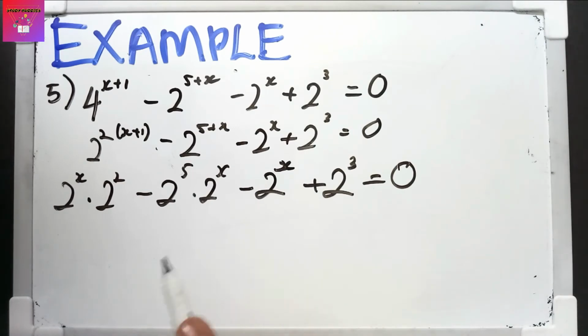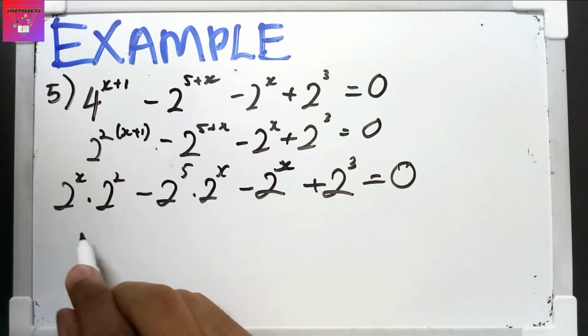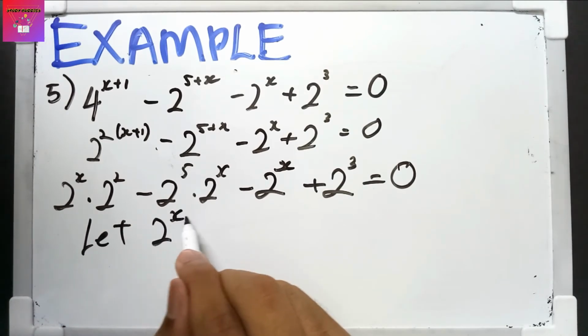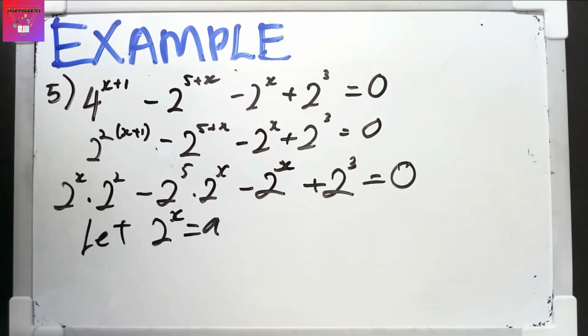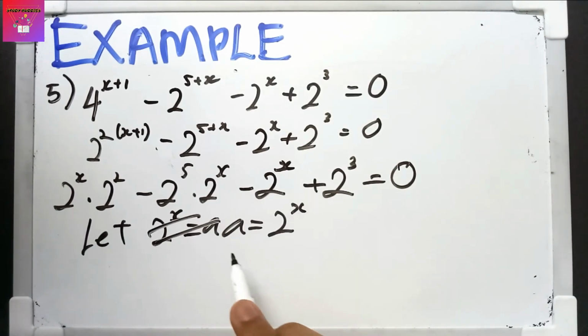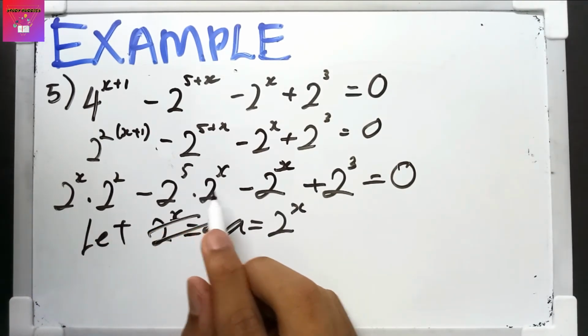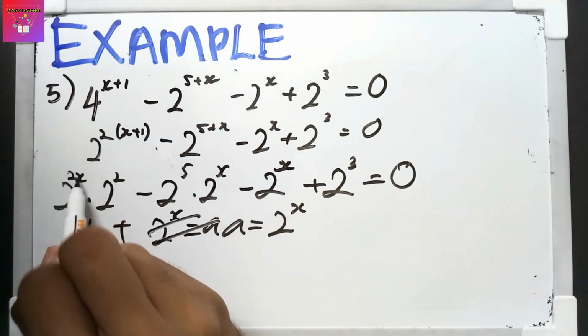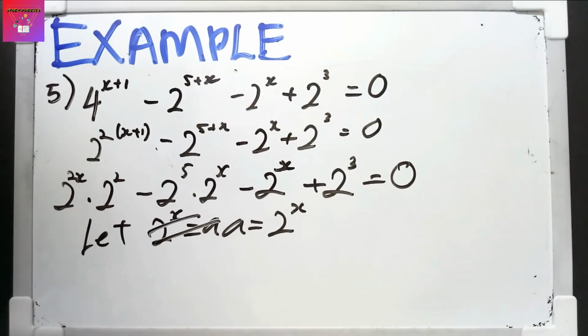Now what we have to do here is assume that 2 to the power of x is equal to a, or a equals 2 to the power of x. So you have to substitute all these 2 to the power of x with the letter a.